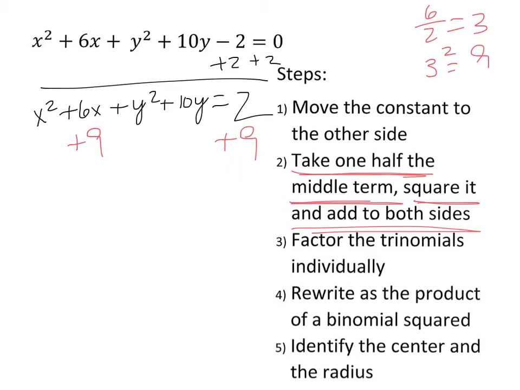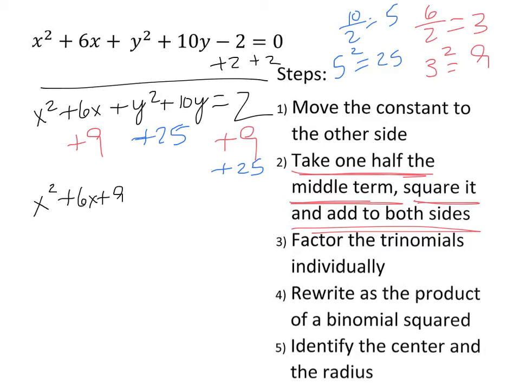So that's going to look like this. 10 divided by 2 equals 5, and 5 squared equals 25. So I'm going to add 25 here, and I'm going to add 25 there. I'm going to wind up with x squared plus 6x plus 9 plus y squared plus 10y plus 25 equals 36.